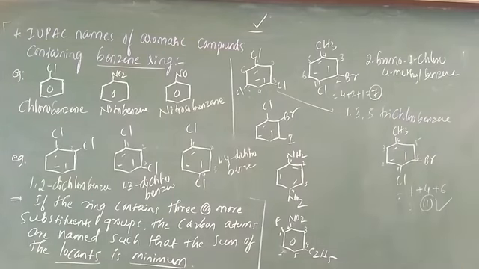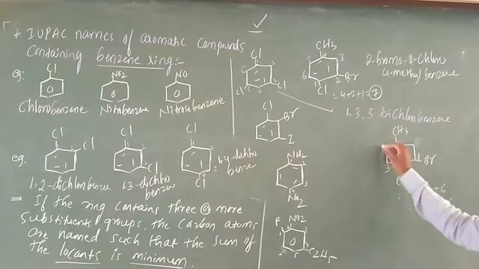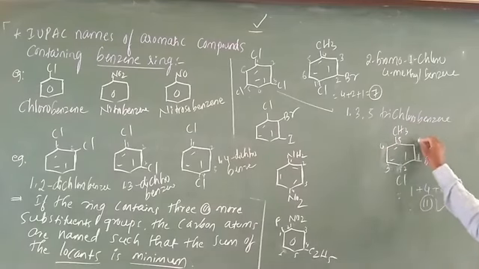If one student starts from here by chance, I am going to remove the numbers, okay. One student starts from here 1, next 2, 3, 4, 5, next 6.